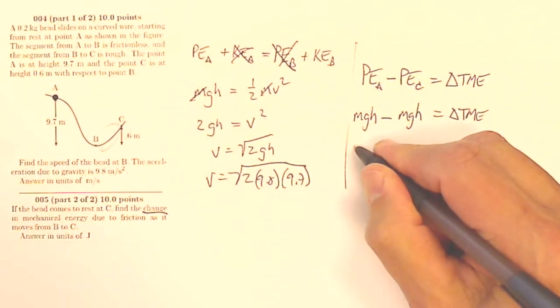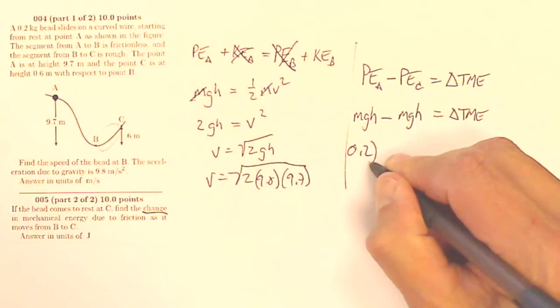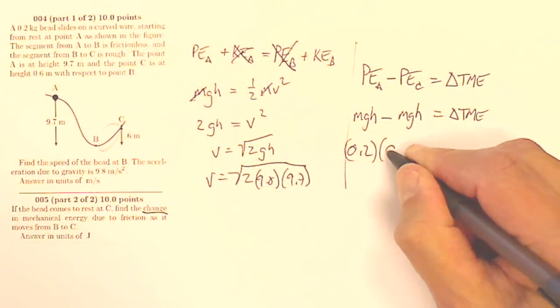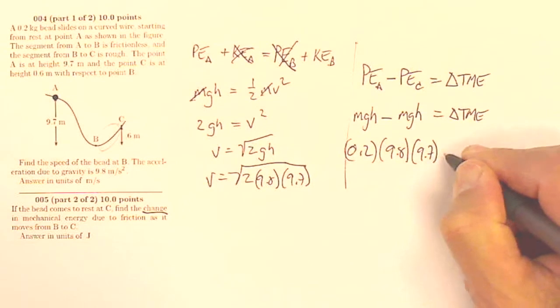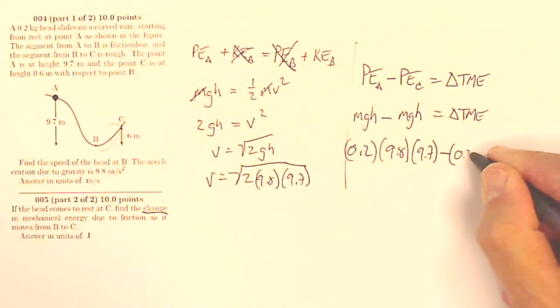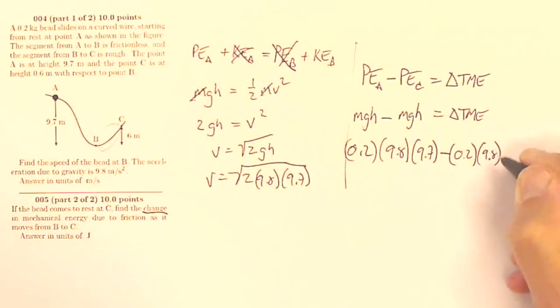So this is going to be the mass of 0.2. I am going to need the mass now. Times gravity of 9.8 times the height of 9.7 minus my 0.2 times 9.8 times my height of 0.6. And that's going to equal my TME change.